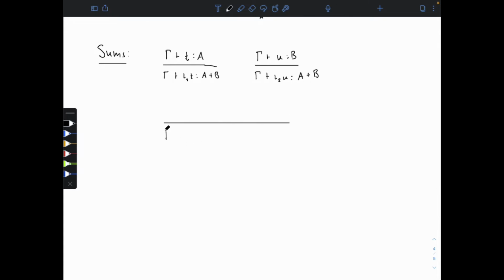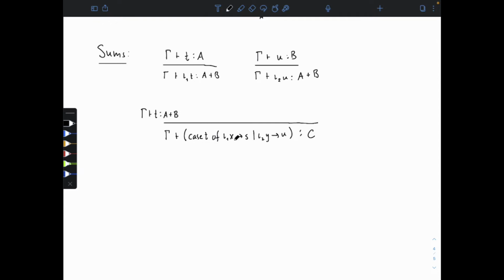Okay, so let's see. How are we going to give a type to the case construct? Consider what t might be. If it is of the form iota 1 of x, then you should do s. And if it is of the form iota 2 of y, then you should do u. And then the whole thing will be of some type C. So we expect this t to be an element of the plus. So Gamma, t is of type A plus B. That's what we're casing on.